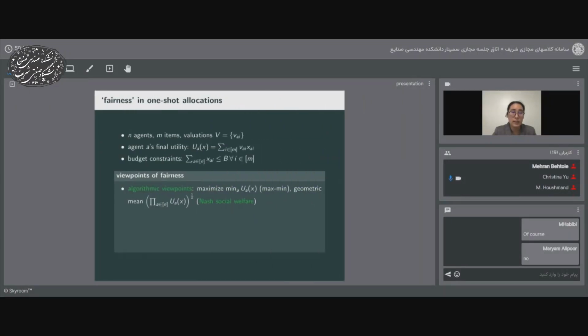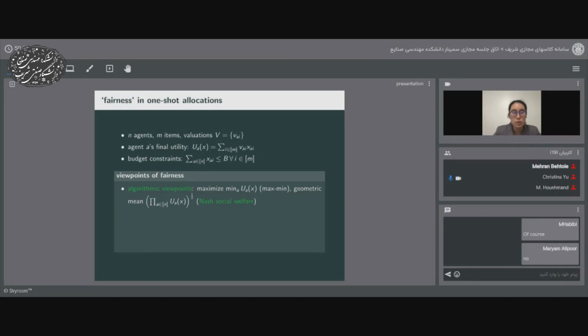Now, in this setting, there are 3 different viewpoints on what fair means. One perspective is an algorithmic approach, which defines some objective that we can optimize for.